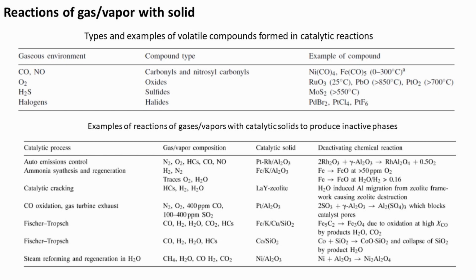Carbonyls are formed at relatively low temperature but high pressure of CO. Halides can be formed at relatively low temperature and low concentration of the halogens. However, the conditions under which volatile oxides are formed vary considerably with metals.